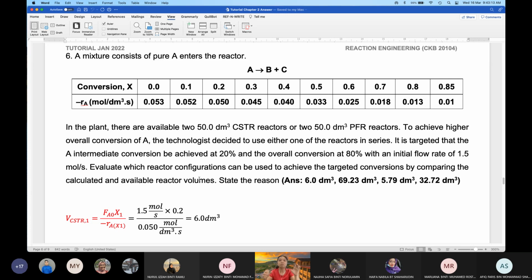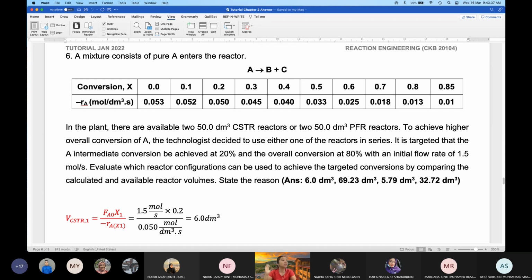But the condition is that the volume is already available, and the conversion must reach what is wanted, 0.2 for X1, 0.8 for X2. So we have to evaluate the reactor arrangement, PFR or CSTR or both, that we can use to fulfill the conversion requirement.